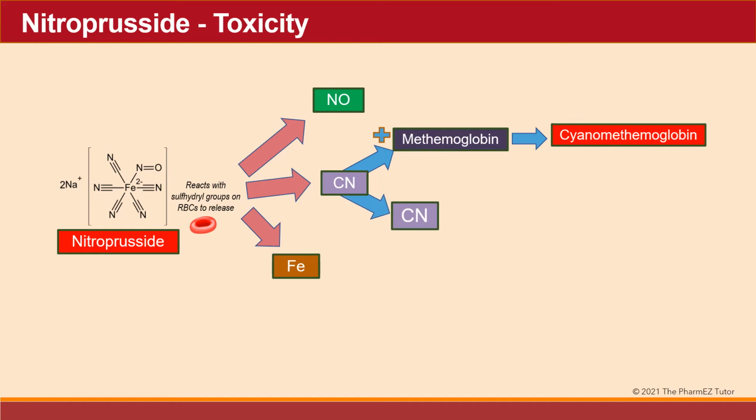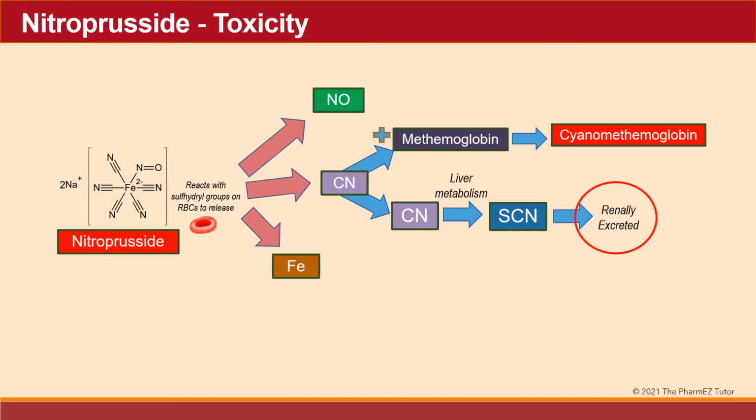Extra free cyanide is converted by the liver to thiocyanate, which is then renally eliminated. As in our patient's case, where there is worsening renal function, buildup of thiocyanate can occur, causing thiocyanate toxicity. This is why switching to another agent was recommended.